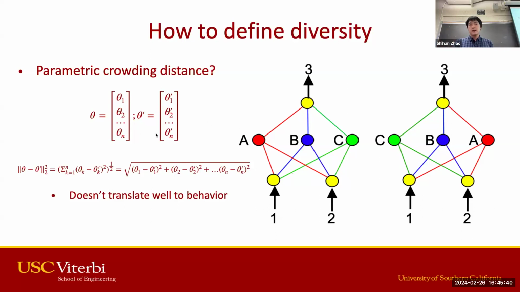But there is no guarantee that the same index means the same thing across two weight vectors. So by doing this Euclidean distance calculation, we're ignoring that. For example, in this case, we might have two networks that have very large Euclidean distance in terms of weights, but they're essentially learning the same thing, except their subfunctions are somewhat swapped.